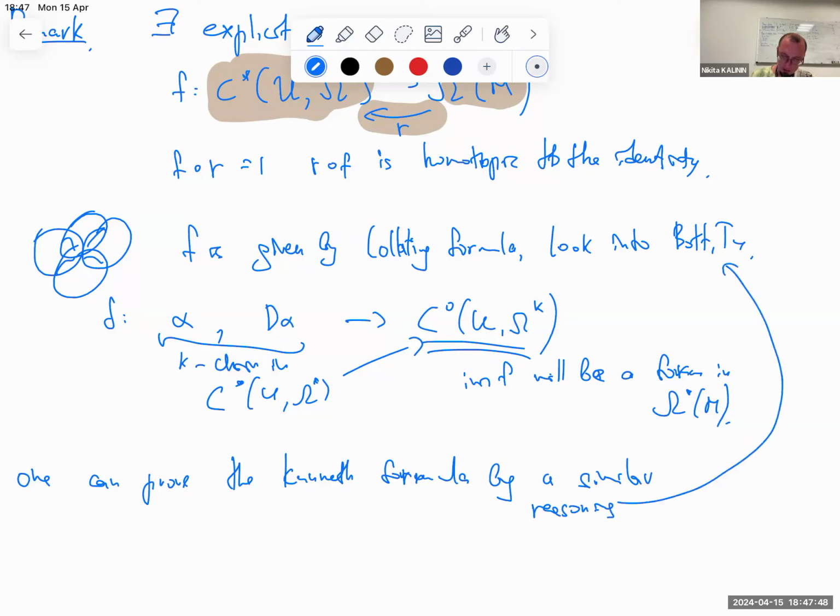Again, if you wish, you can read Bott–Tu, but we skip this part. That's also quite a lot of computation. It's indeed interesting to look into that, but I am not able to present it in a reasonable time and way, because there's just a lot of notation. But I recommend to read it.